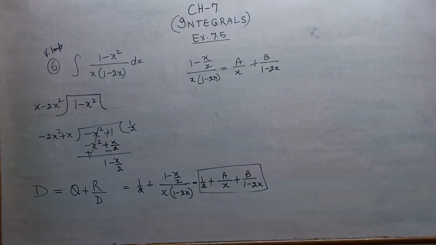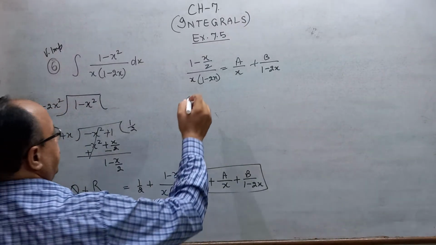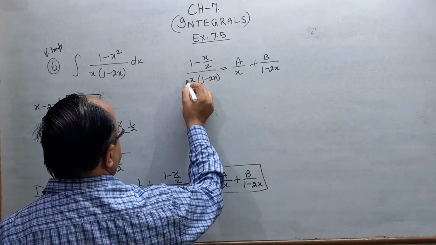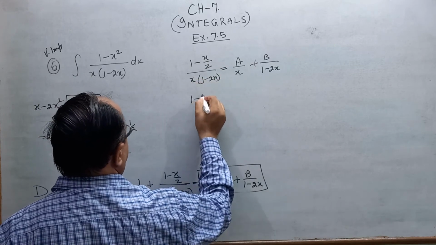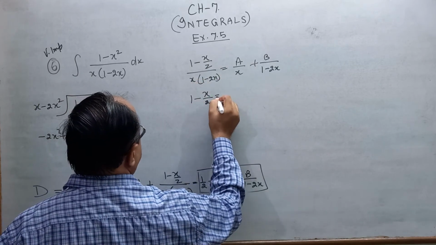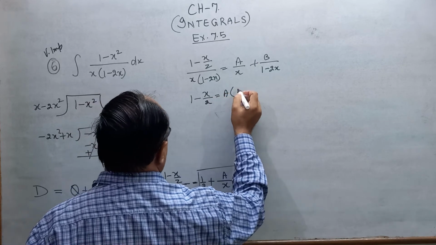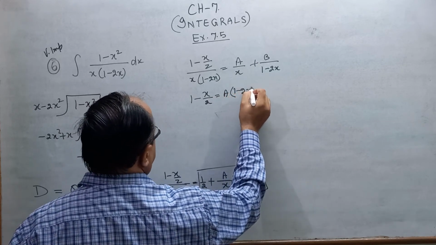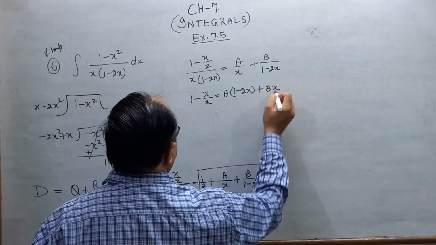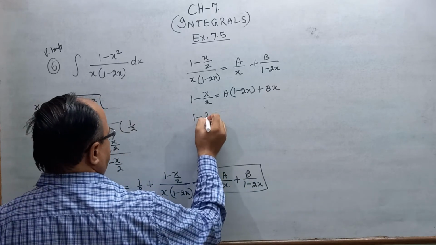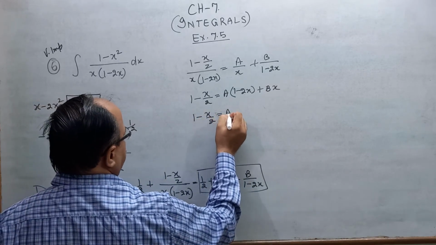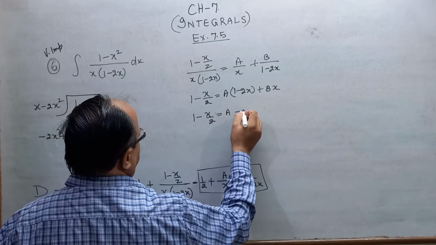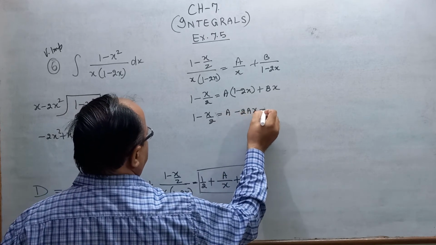Now multiply both sides by this quantity. 1 minus x by 2 is equal to A into 1 minus 2x plus Bx, that is A minus 2Ax plus Bx.